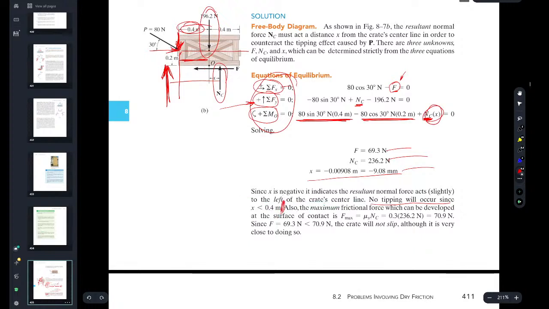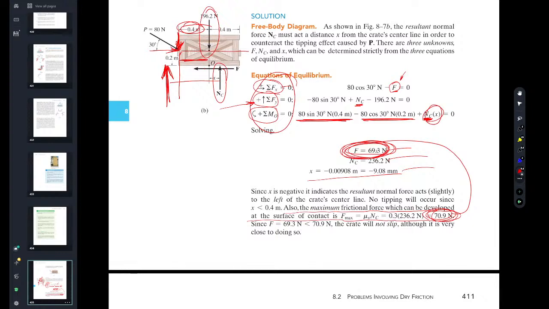Also, he says, wait a minute, give me a second. Man, this is slow. Also, the maximum friction force which can be developed at the surface is that which is 70, which happens to be, and thank goodness for that, slightly less.